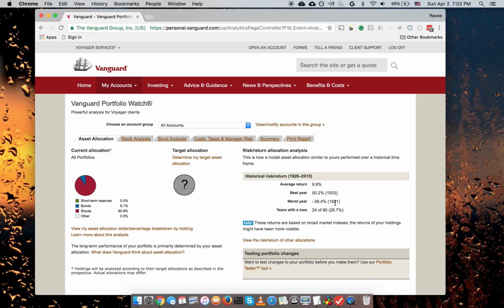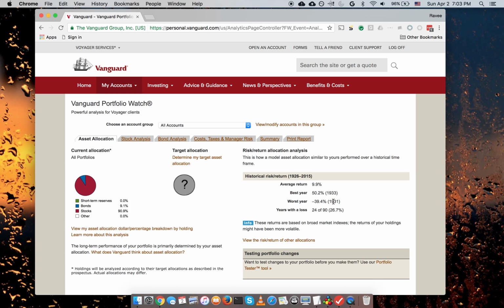And one quick note here, you would see that usually the worst and the best years tend to be close to each other because they happen in cycles. So usually a period of a very good return is followed by a period of a very bad return, and these things fluctuate, right?